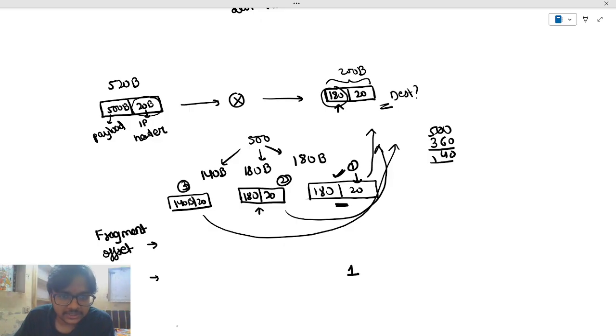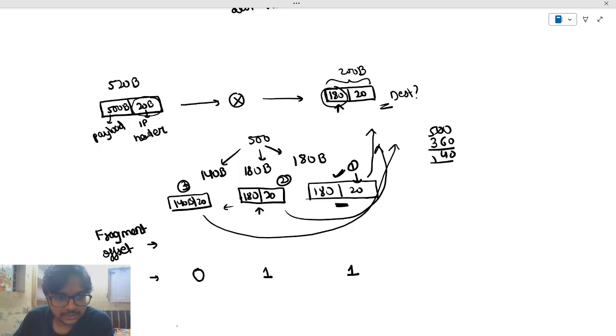The second fragment will also say yes, there is one more fragment coming behind me, so it also sets it to 1. Fragment 3 is the last fragment, there is no fragment coming behind it, so it sets the bit to 0. There is no more fragment.